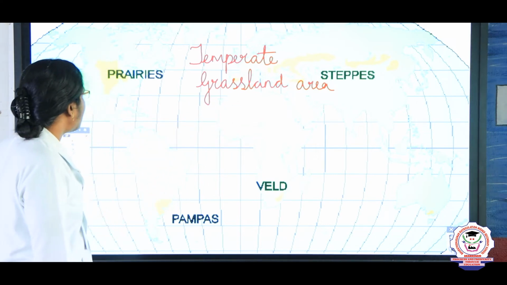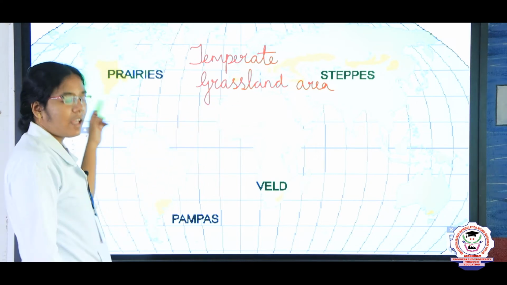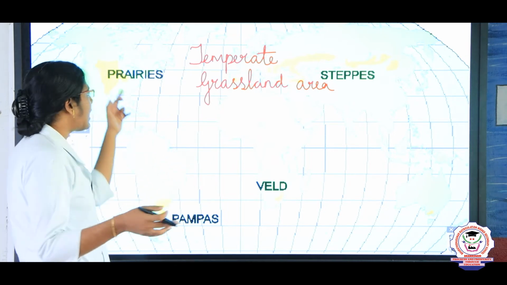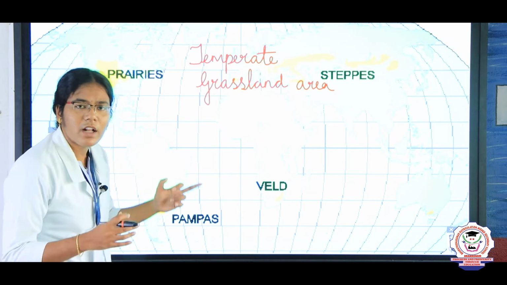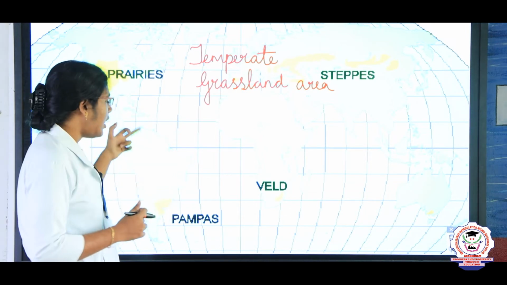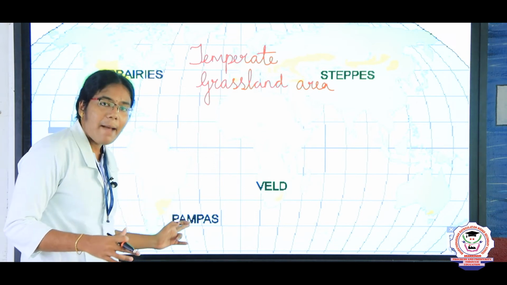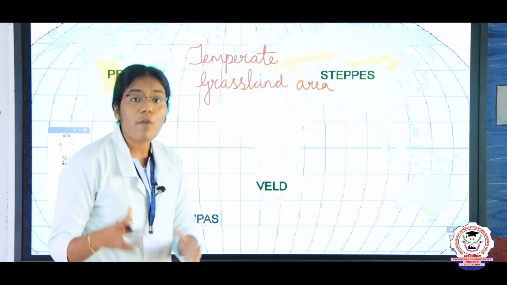Which continent is here? It is North America. In North America they call the grassland prairies. Pronounce it prairies. In South America they call the grassland pampas.